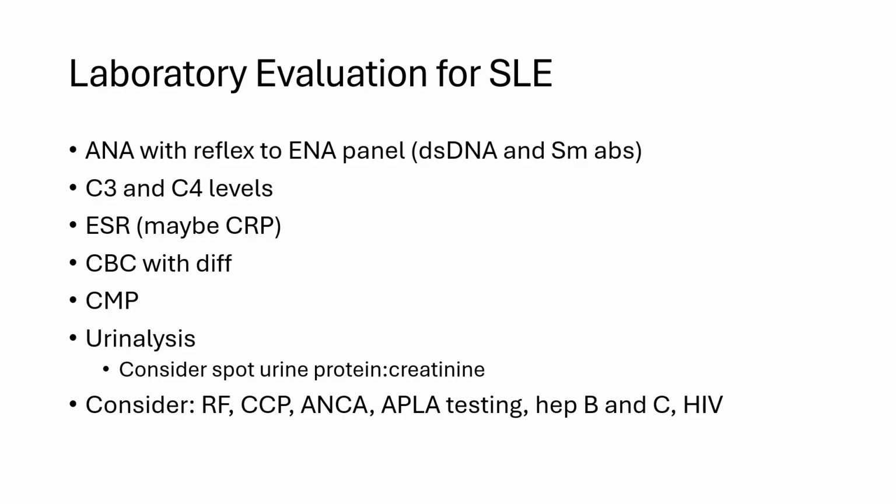Many times these patients look septic, and we don't know if they have an infectious disease or if this is a manifestation of their lupus. Here again, checking a C3 and a C4 level can be helpful for those patients where this is a dynamic test, because C3 and C4 are usually going to go elevated in infection but low in active lupus. So don't forget the C3 and C4.